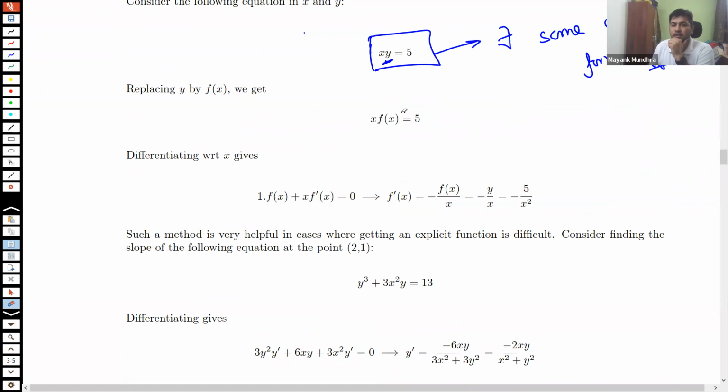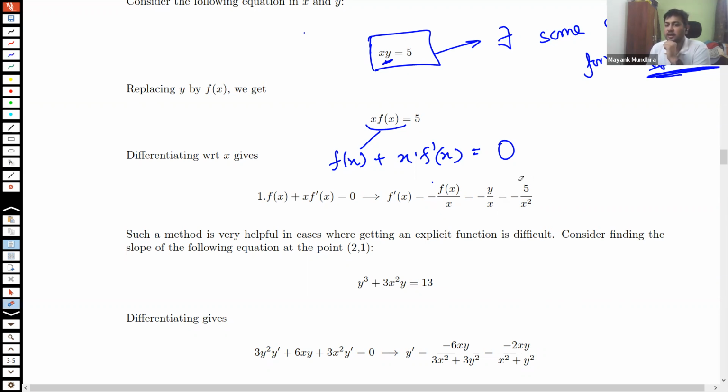When I apply the product rule, I get f of x plus x times f prime of x, and this should be equal to 0. So f prime of x is minus f of x by x, and instead of f of x, I can write just y, because f of x is nothing but y. So f prime of x becomes minus y by x.